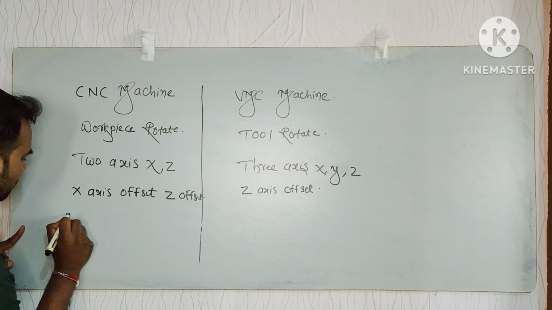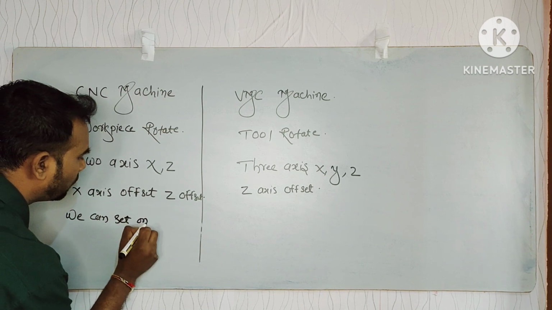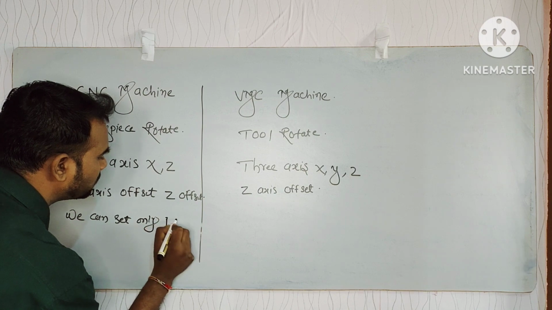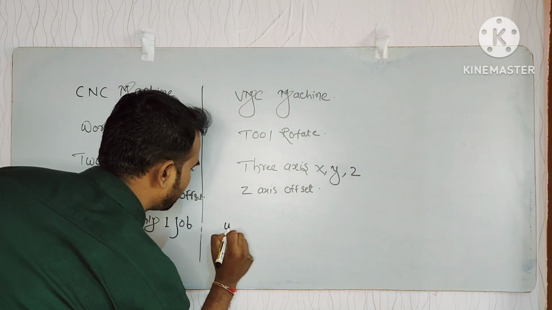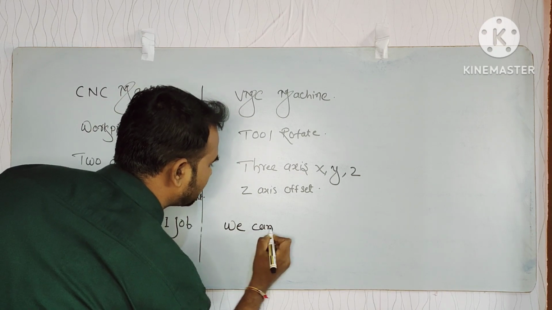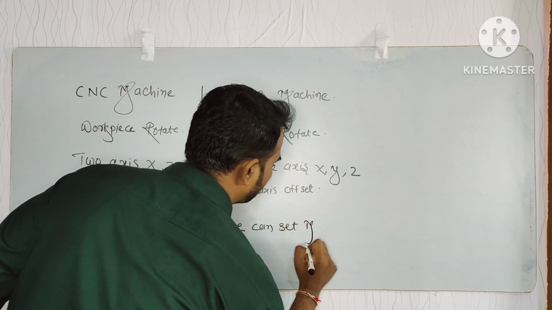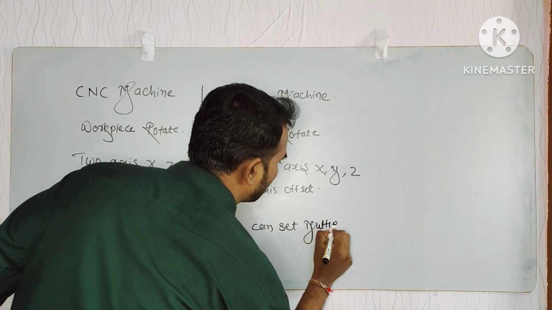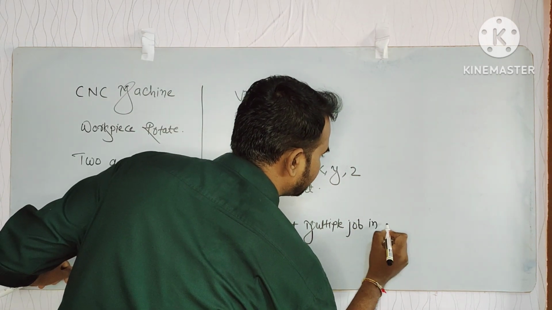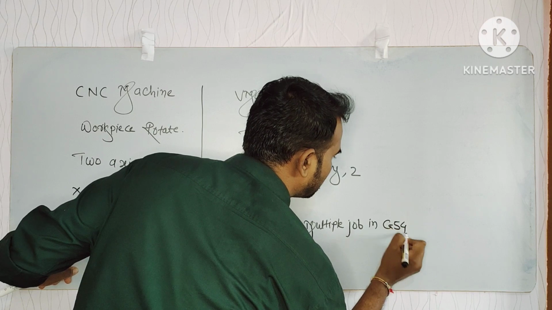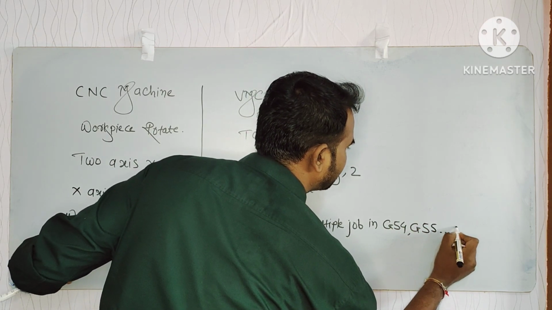We can set only one job at a time on CNC, but multiple jobs in G54, G55 up to G59.